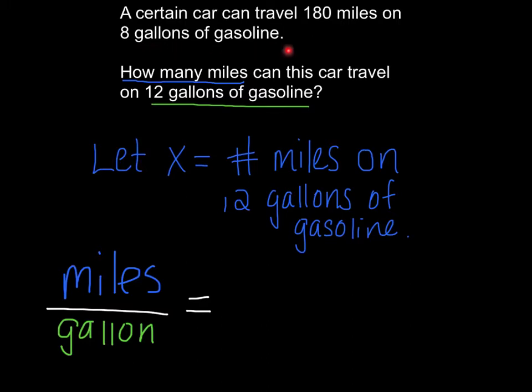Using information from the first part of my word problem, I can write a proportion or a ratio that relates the number of miles that this car travels to the number of gallons that this car has. In the first part of the problem, the problem states 8 gallons of gasoline will equate to 180 miles.